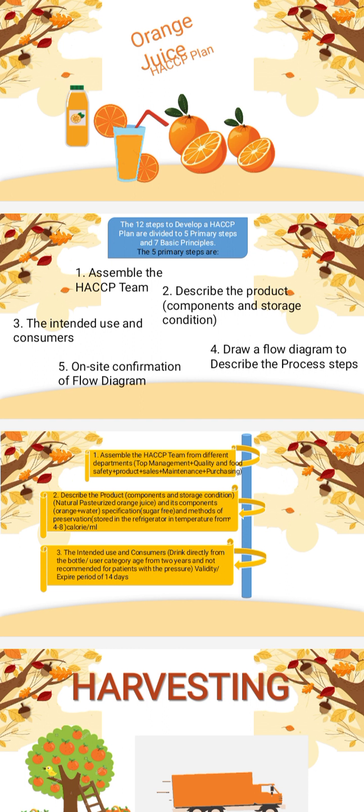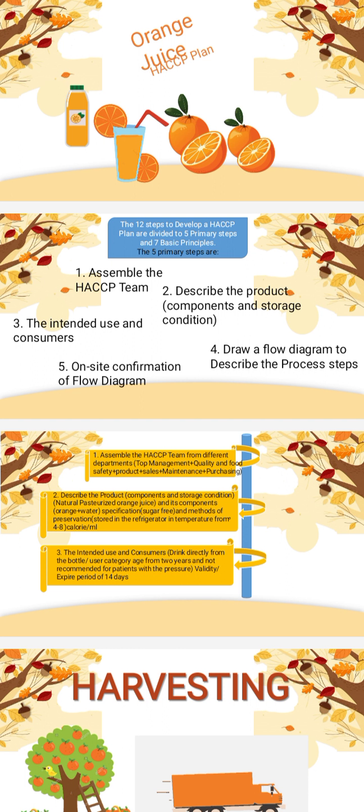Number 2, for the orange juice, we must have a description of the product components and storage condition. For example, our natural pasteurized orange juice has components of orange plus water, sugar-free, and methods of preservation, stored in the refrigerator at a temperature of 4 to 8 Celsius.